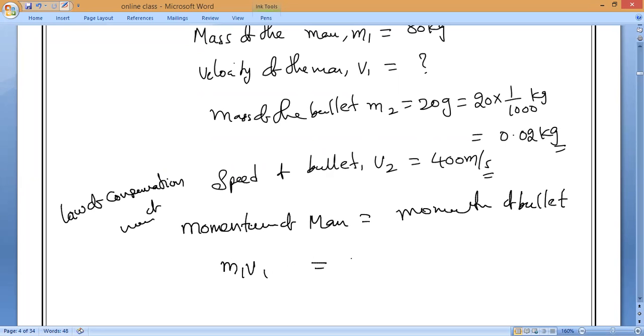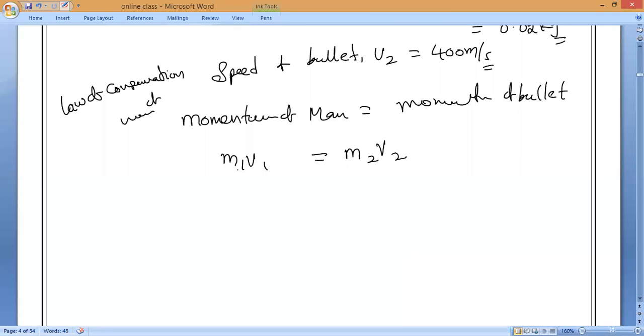M1 V1 is equal to momentum of bullet, M2 V2. Now M1 is equal to 80. V1 we don't know. M2 is equal to 0.02, into V2, which is 400.